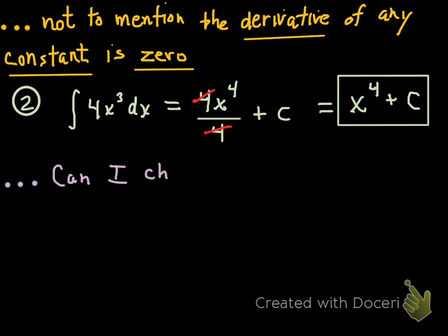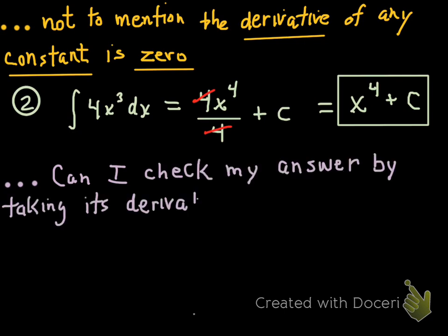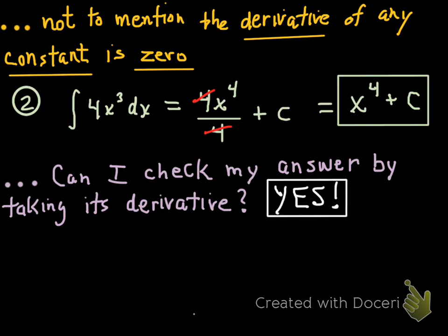Question, Carrie. Yeah, can I check my answer by taking its derivative? Oh, so your question is, you're looking at x to the 4th plus c, and you want to take the derivative of that answer, see if you get back to the original. The answer is absolutely yes. It's a smart thing to do. It's almost like you have an answer document when you're doing these problems.